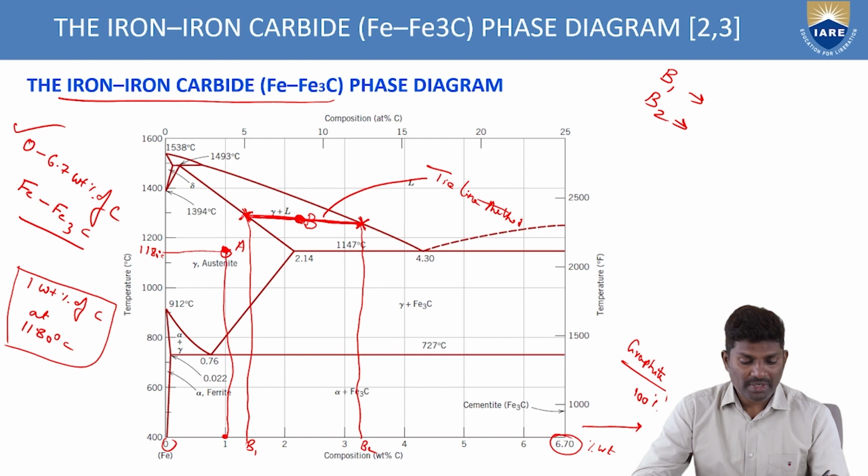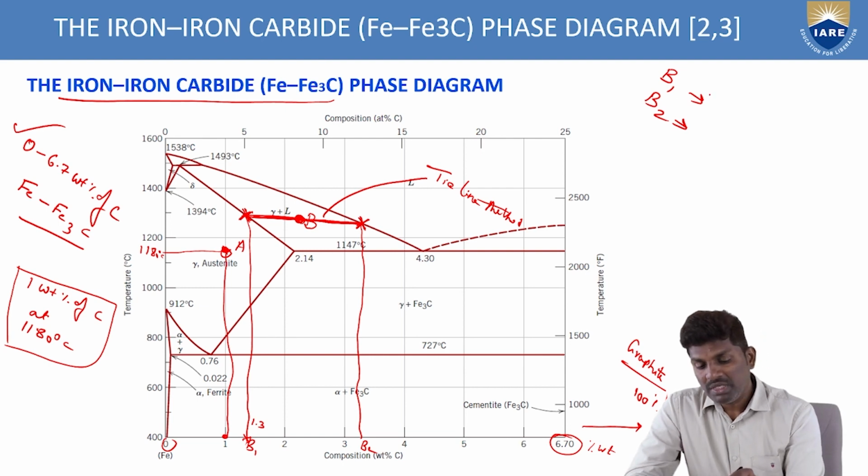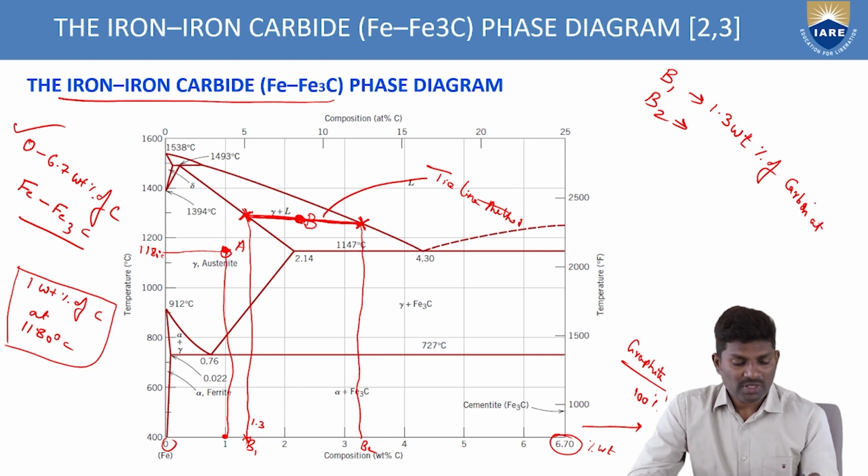B1 refers to the point of one phase. If I see the composition at this point, it is almost 1.3. So B1 refers to 1.3 weight percentage of carbon. At what is the temperature?